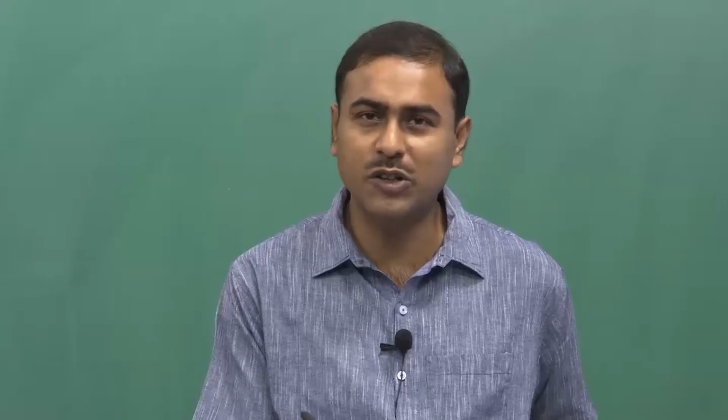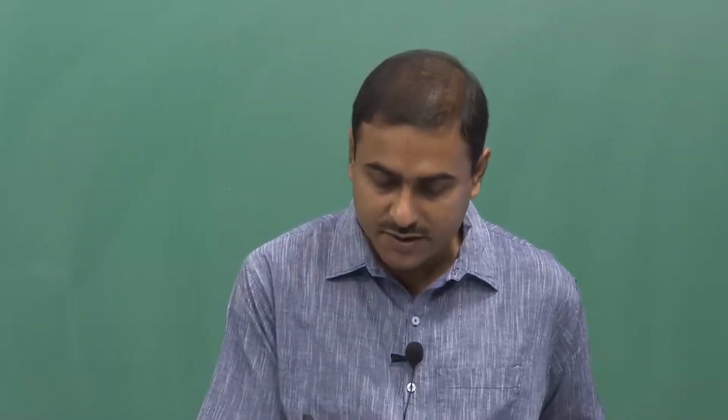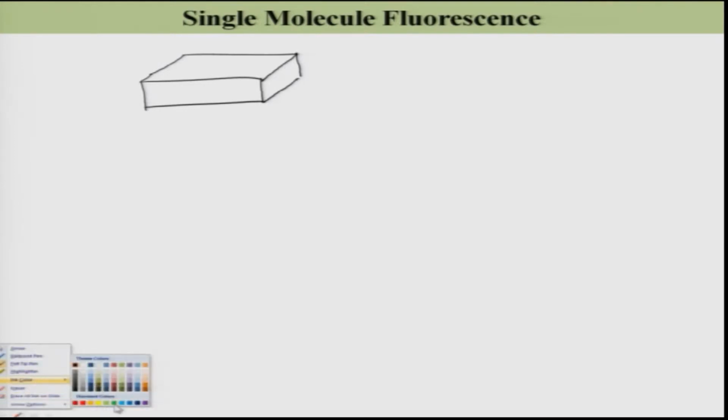Now consider that you have some matrix. Let me draw this matrix over here. Let us say it is a polymer matrix, and the molecules are present throughout it, under sufficiently dilute conditions so that the molecules are far apart.